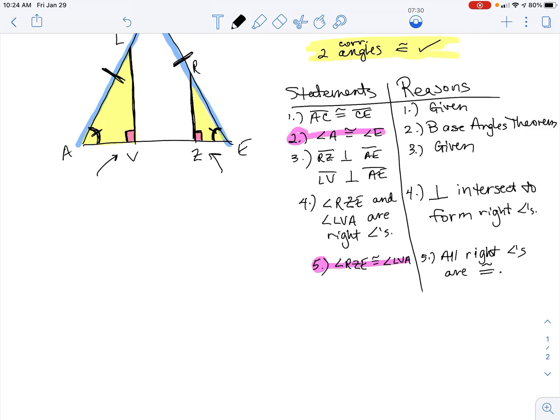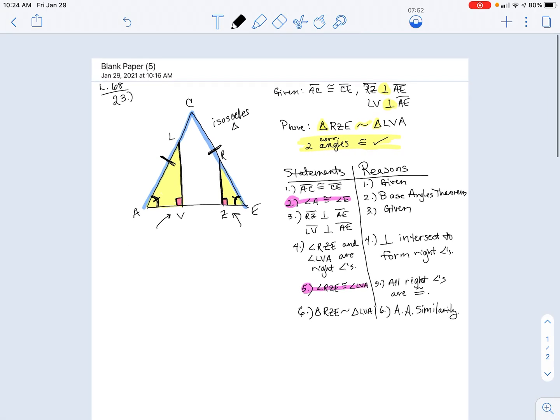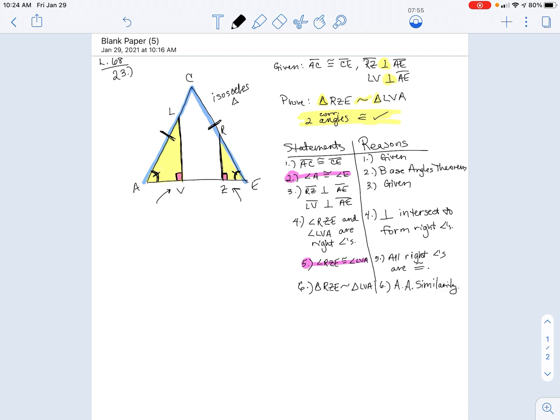And that's all we need to prove those 2 triangles are actually similar. So we're going to make that final statement that RZE is similar to LVA. And we use this reason, angle similarity. Okay, and that is proof number 23 from lesson 68.